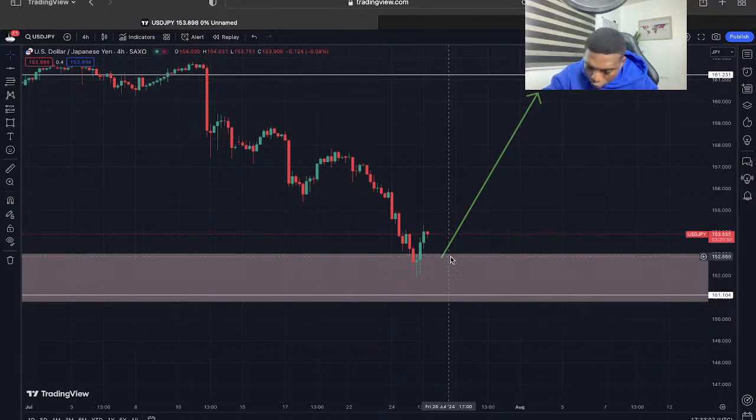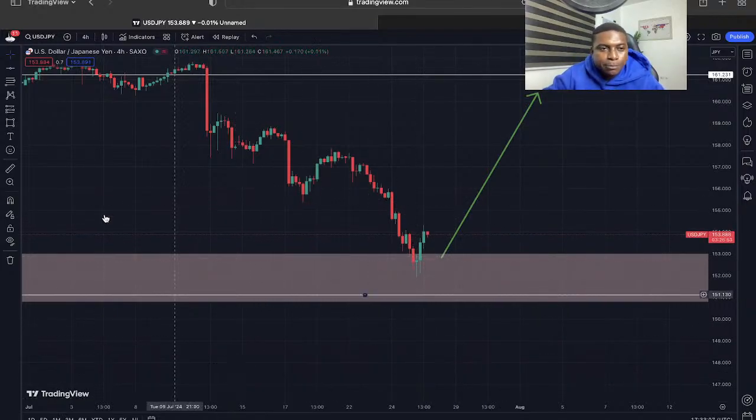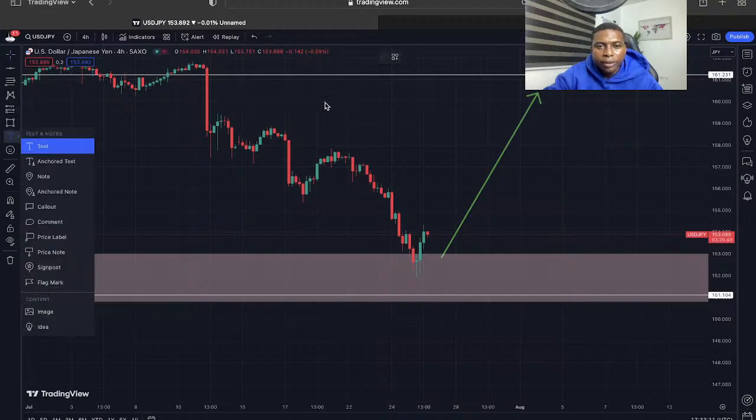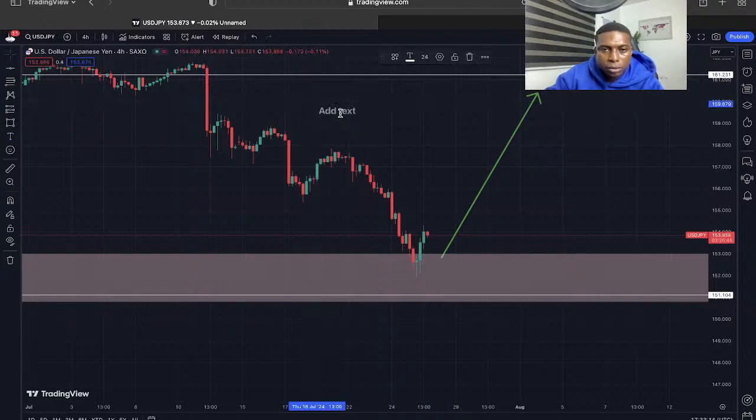So Augustine says, what does the RSI say? Our analysis is purely based on, let me write it for you, price action. It's purely based on price action.